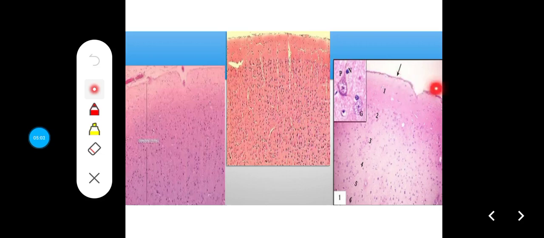The sulci is the deepening, and this one is the gyri. So the same thing that you see here. See this deepening here. This represents the sulci. Sulci is plural, sulcus is singular. So this represents the sulcus. Can you appreciate it?